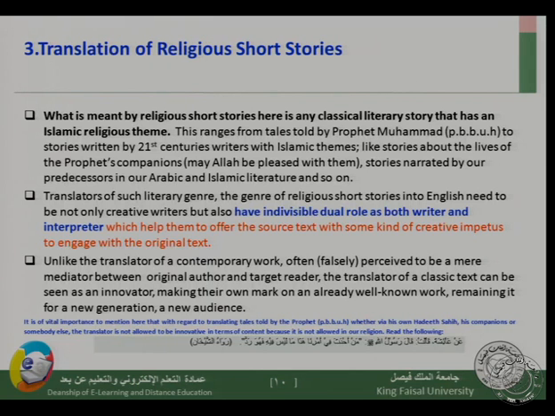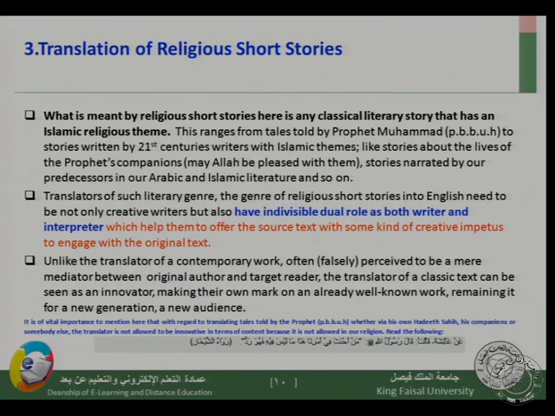So you need to be a writer and you need to be an interpreter, because you need to interpret, understand and translate the short story, especially since the source text is very, very sensitive. You need to be careful not to make any mistakes by misunderstanding what is meant by a short story.